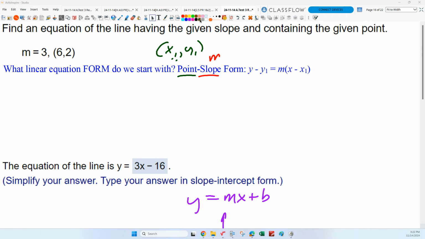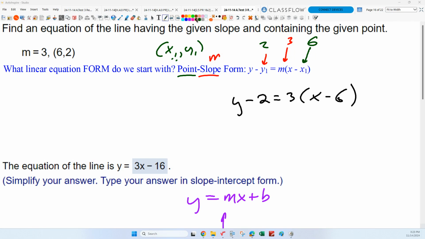So everybody tell me, what number am I plugging in for y1? 2. What number am I plugging in for x1? 6. What number am I plugging in for m? 3. Yeah. And we get y minus 2 equals 3 times the quantity x minus 6.